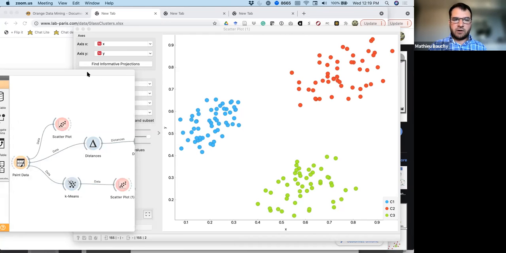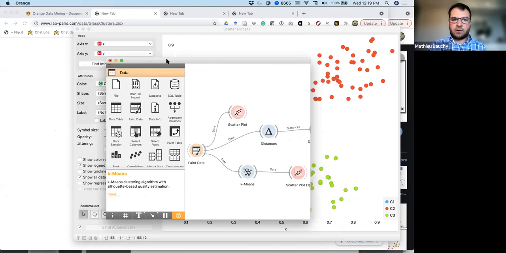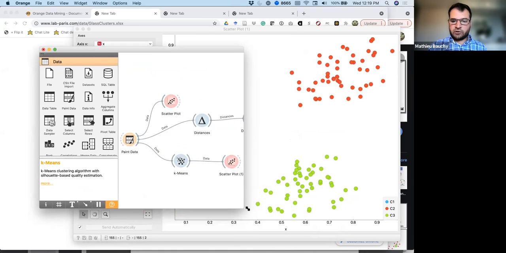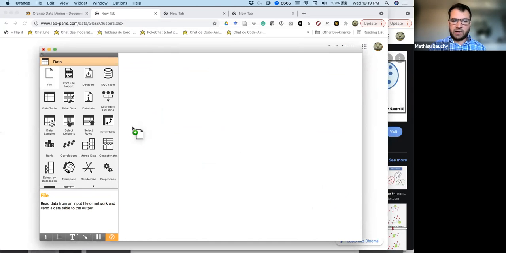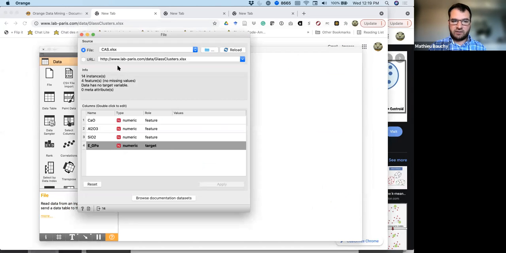You can either download the dataset to your computer, and maybe you should do that if you want to make sure you keep it, or you can directly load this dataset by using the File widget and putting here the URL that I just gave you in the chat.